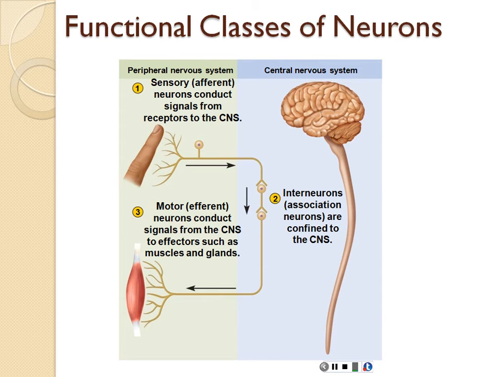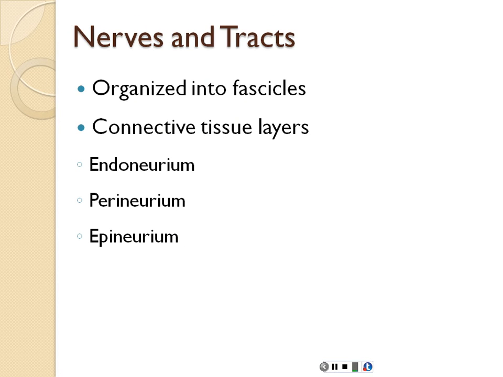So you can see that a sensory neuron is in both the PNS and CNS, right? Part of the neuron is in the PNS, and the other part is in the CNS. Interneurons stay where? In the CNS, so that second neuron is only in the blue part. And then this third neuron, part of it is in the CNS and the other part is in the PNS. So that's sensory neurons, motor neurons, and interneurons.